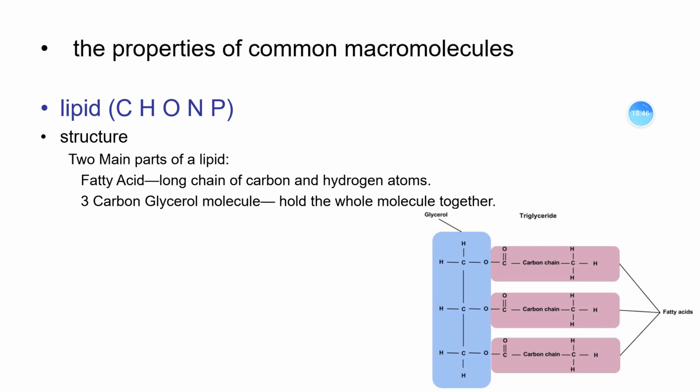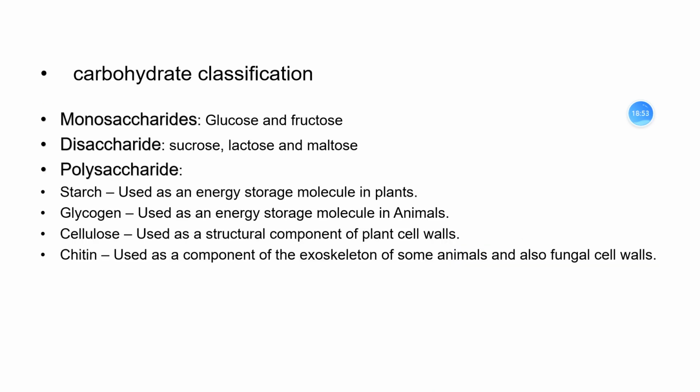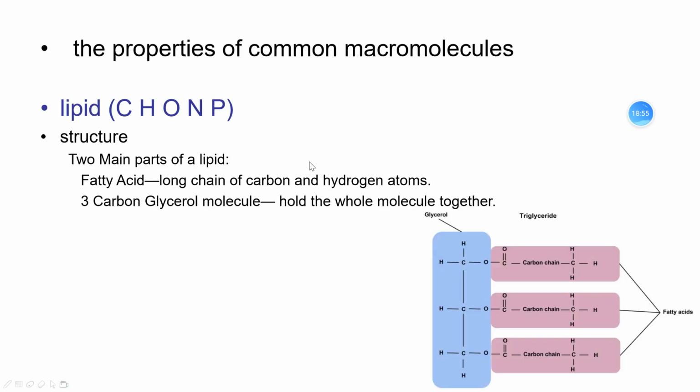The next part is about lipids. There are two main parts of a lipid. The first one is the fatty acid. It's a long chain of carbon and hydrogen atoms.